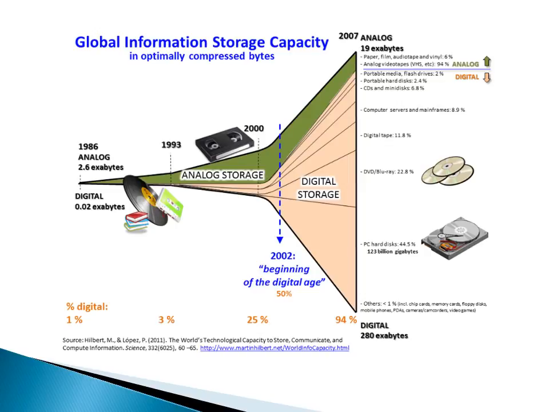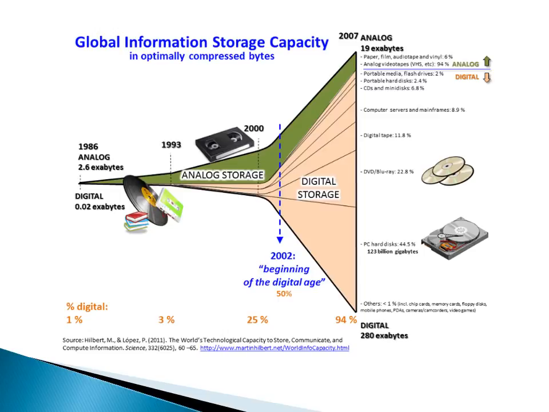I'd like to spend a little bit of time talking about this image that I had found from Hilbert and Lopez in 2011. And this is really a fantastic graphic, and I think it's worth going through. When we look at the evolution of data over time, if we start all the way on the left-hand side in 1986, most of the data that we had was in an analog form.